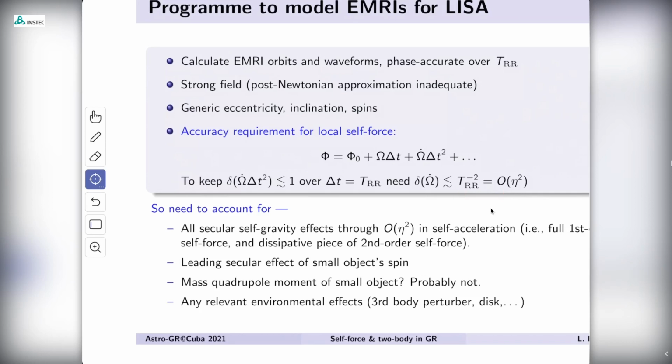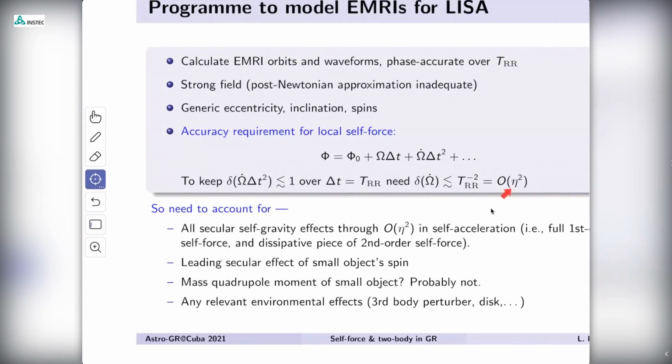The smaller the mass ratio, the more orbits you get, and the slower the evolution is. And so you need to know those back reaction terms up to 2nd order in the perturbation due to the small object. And this is hard. So it's not only solving a linearized version of the Einstein equation to get the field and back react with the field on the particle. You need to also calculate the 2nd order perturbation.